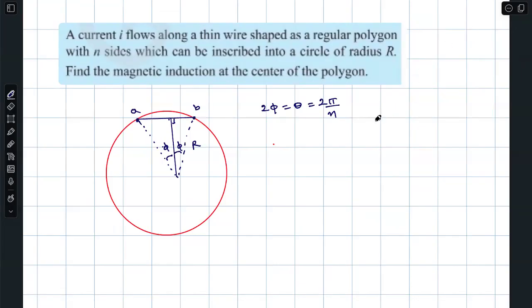There are totally n sides. Therefore, the angle contributed by one side at the center is 2 pi by n, which clearly implies phi is equal to pi by n.